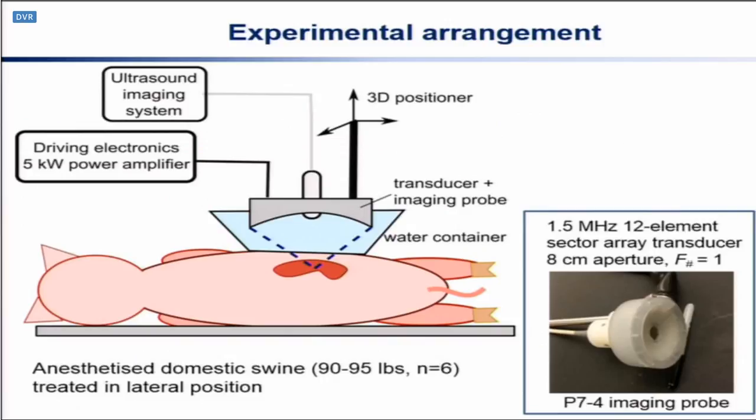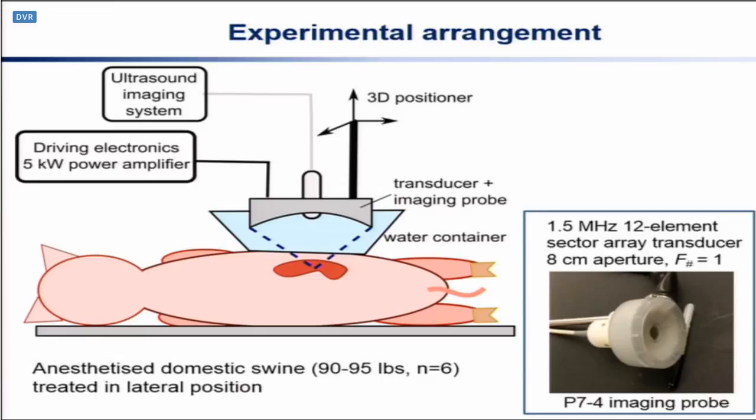Our studies so far included 6 animals, 6 pigs, and 12 kidneys. The pigs were anesthetized and placed laterally on the table. A 1.5 MHz 12-element sector transducer was submerged in the water bath and coupled to the abdomen.